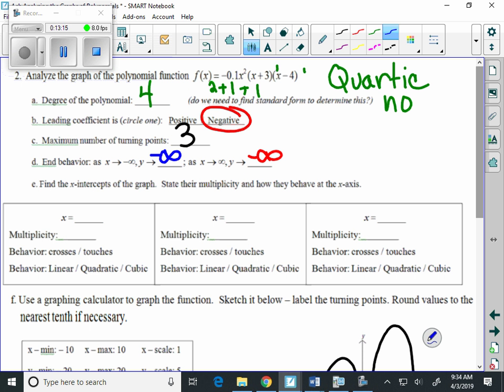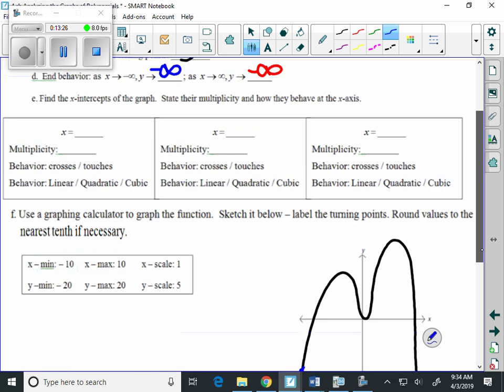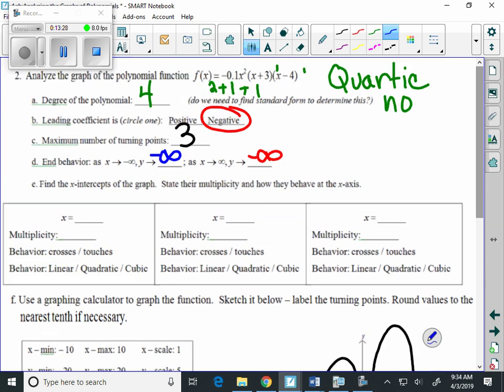Next step, find the x-intercepts of the graph, state their multiplicity and how they behave at the x-axis. So we've got a good picture, so your calculator could help you with these. But say you didn't have your calculator with you for some reason, what we would do is take negative 0.1 x squared and set it equal to 0.